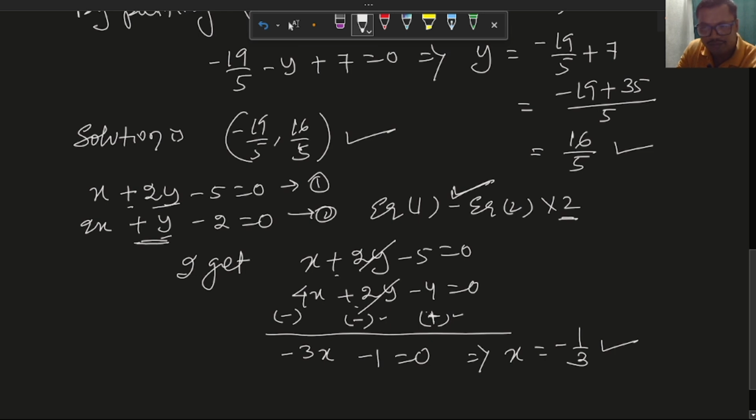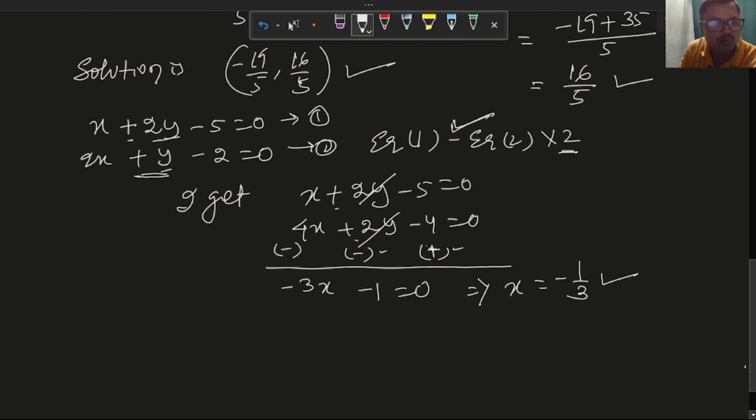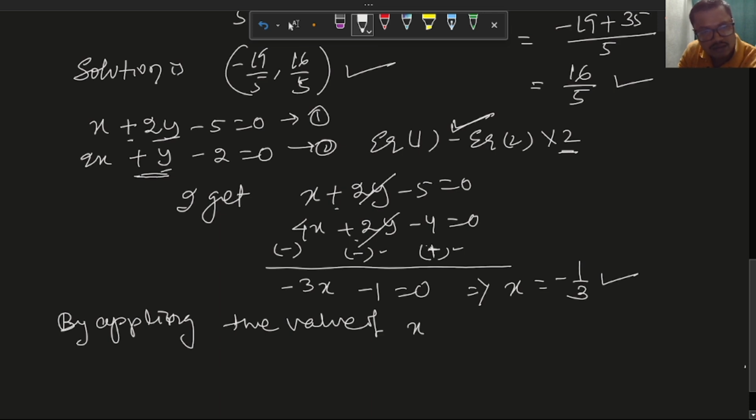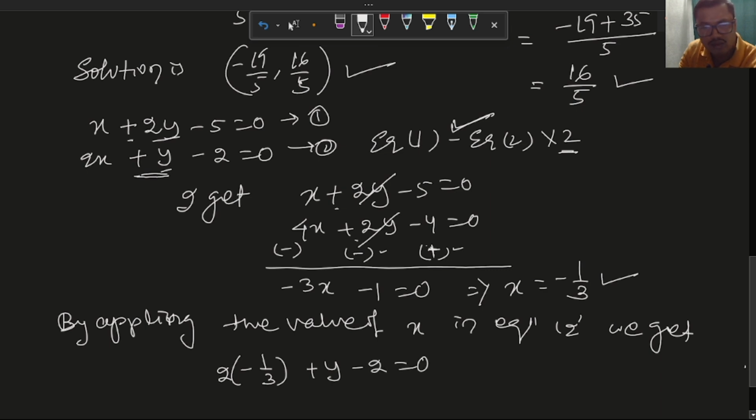If I put the value of x in equation 2 or equation 1, I will get the value of y. So I am getting here, by applying the value of x in equation 2, 2 into -1/3 + y - 2 = 0.